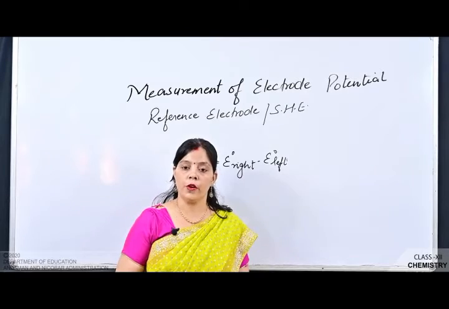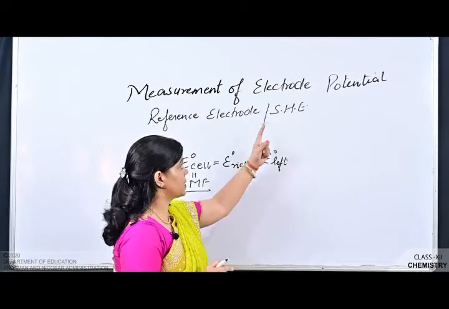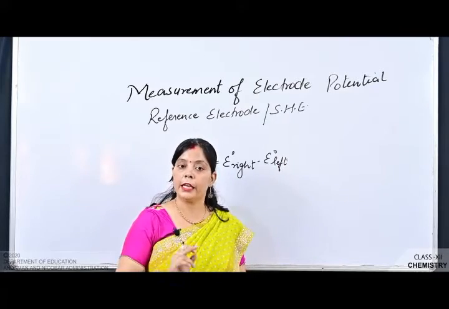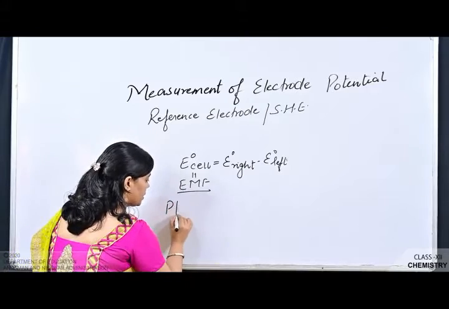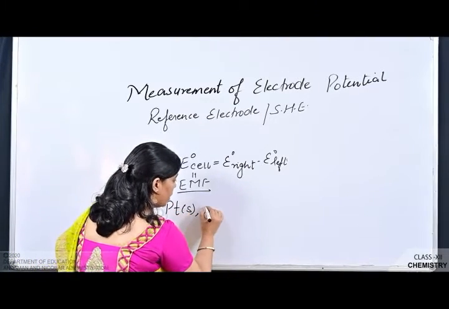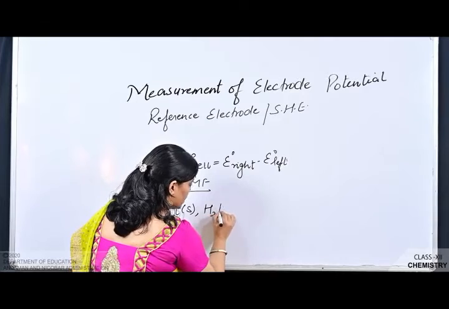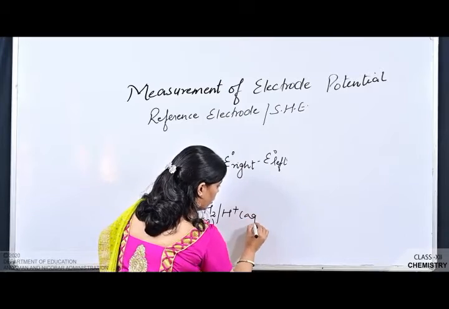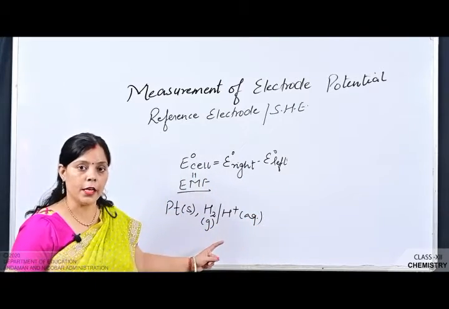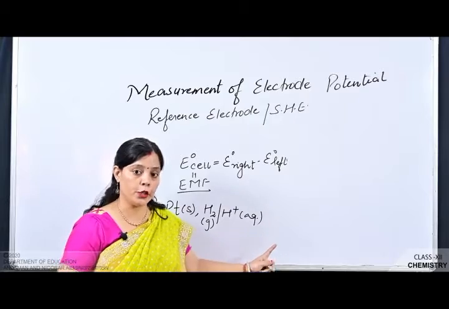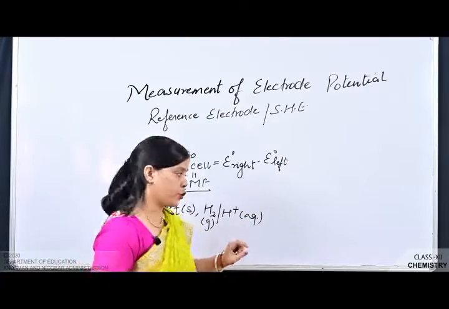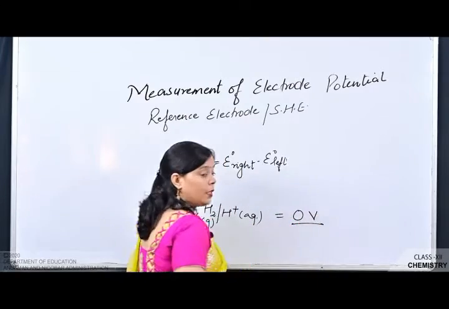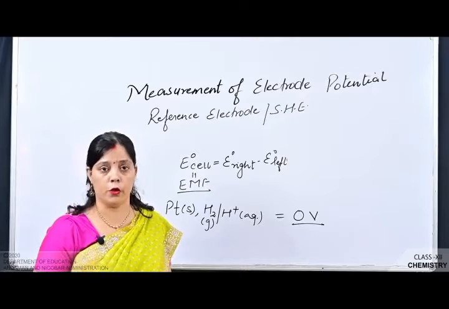According to convention, the half cell called the standard hydrogen electrode is represented as follows: the reaction is carried out on the surface of platinum, and H2 exists in gas form and is converted into H plus in the aqueous solution. This standard hydrogen electrode has zero potential, 0 volt.